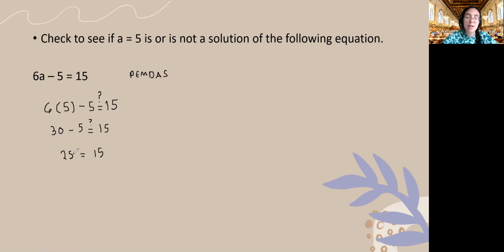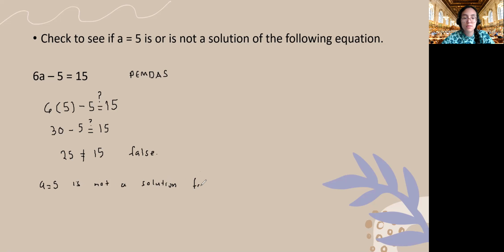Are the numbers the same on both sides of the equation? And they are not. So we write a slash through the equal sign. So we write false.